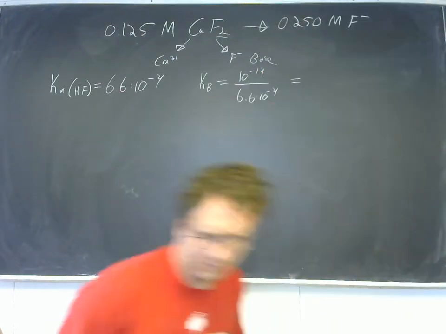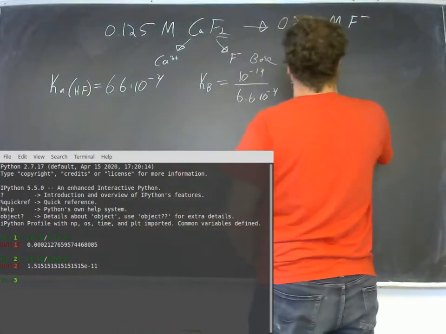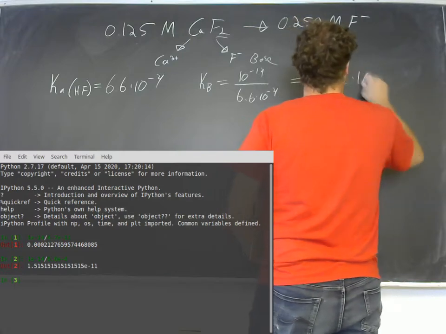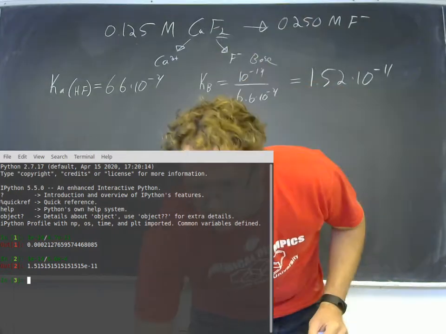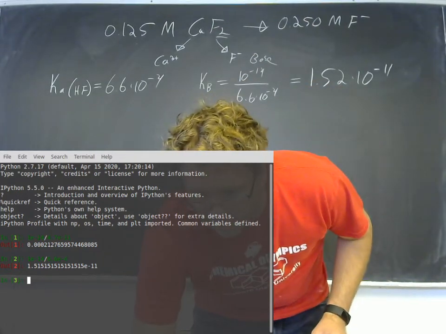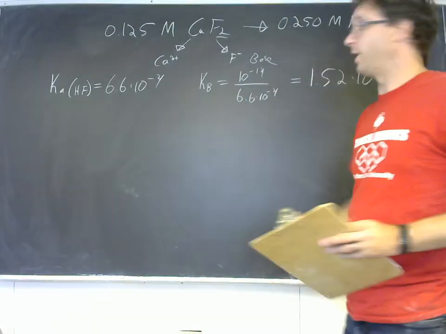Let's figure out what that Kb value is. 1e negative 14 divided by 6.6e negative 4. So we got a Kb value of 1.52 times 10 to the negative 11th. That makes F- a pretty weak base compared to others. Okay, well now we can just proceed with a regular ICE table.